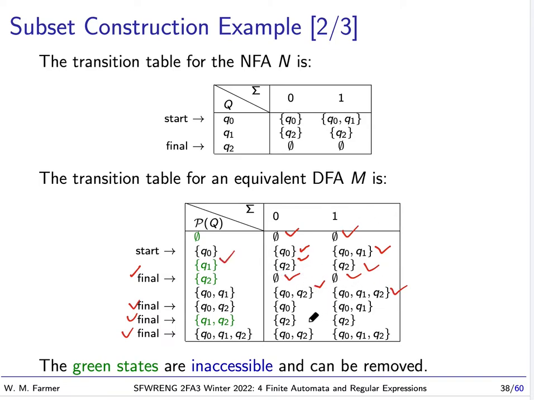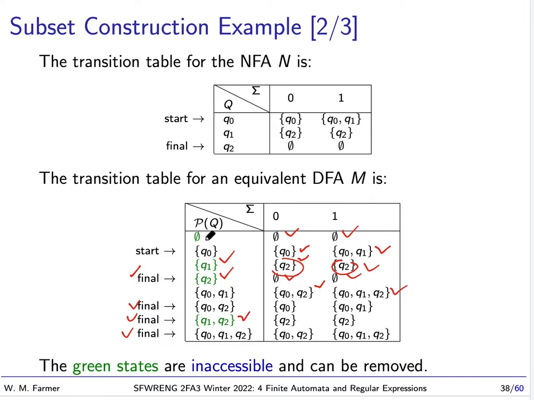Same way with Q2. Q2 does appear here and here, but we can't get to Q1, so we can't get to Q2. And then there's the state Q1, Q2. You will see Q1, Q2 doesn't appear anywhere here.